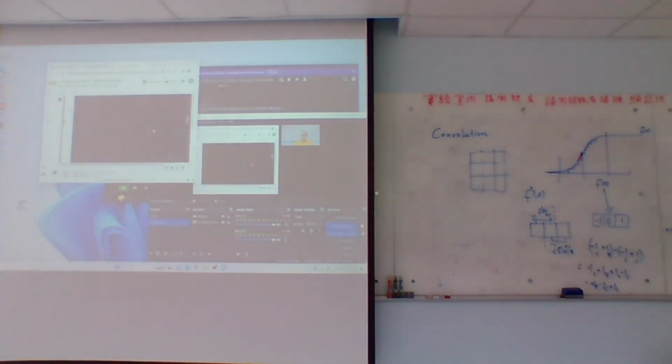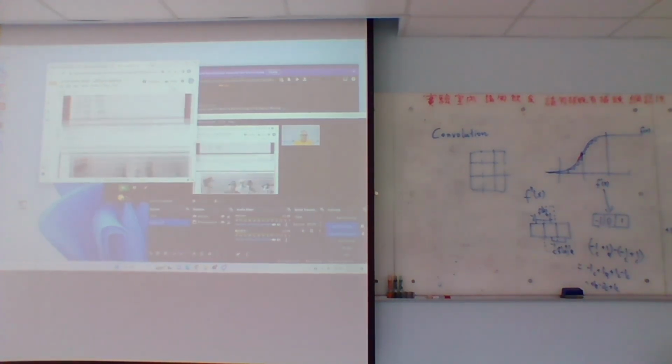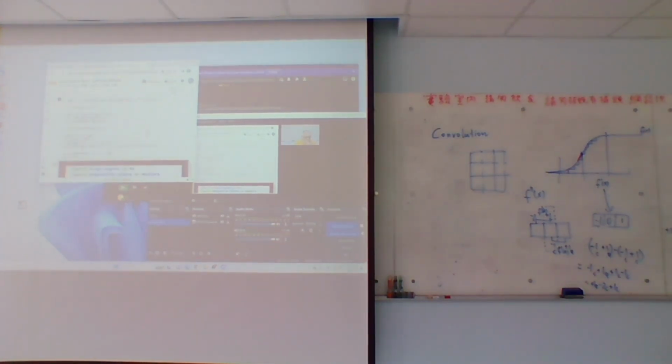Here will be our, just threshold the image like that.